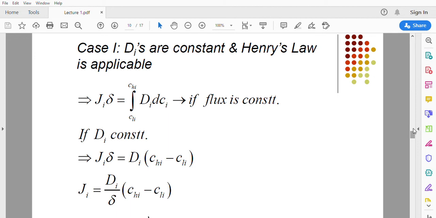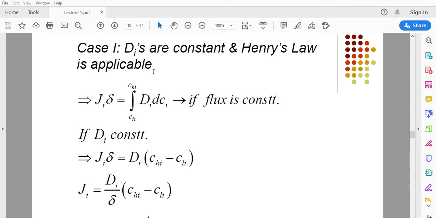Now we will solve this equation for different cases. In the first case, the diffusivities of the different components are constant and Henry's law is applicable. This occurs when your environment temperature is greater than the critical temperature of all gases, as well as greater than the glass transition temperature of the membrane.